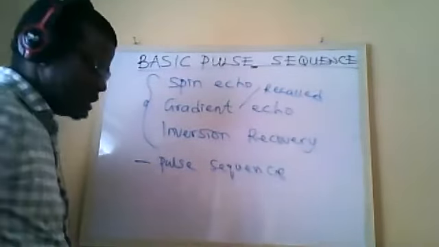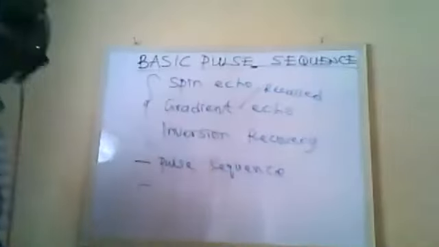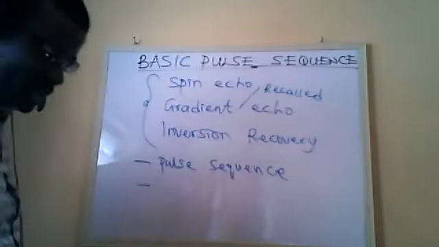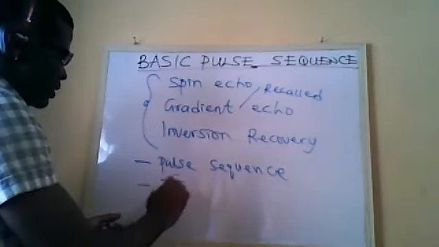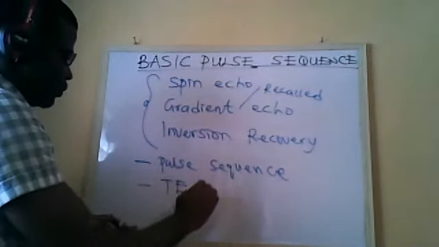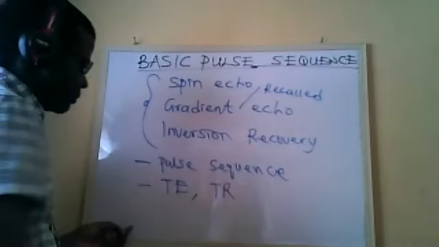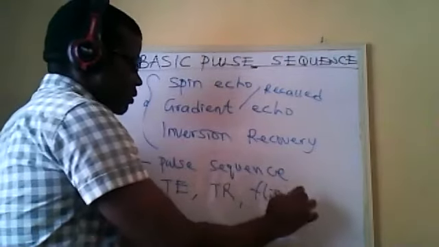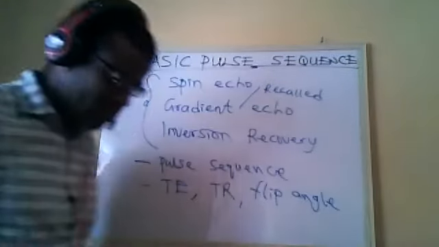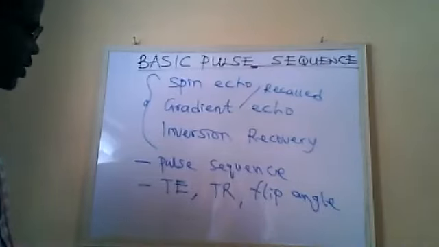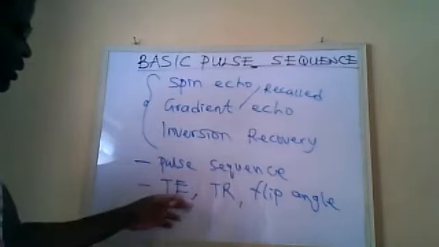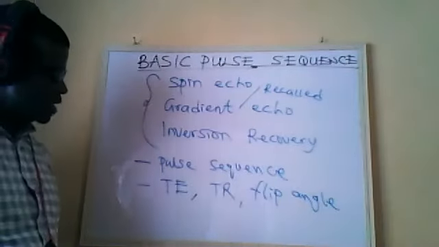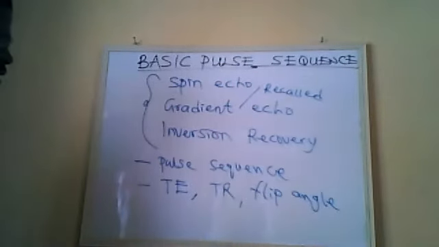And by hindsight, we look at the time of echo, time of repetition, and also very importantly, the flip angle, because these are the major components, the machine components or operator-defined components that help us modify all these pulse sequences.